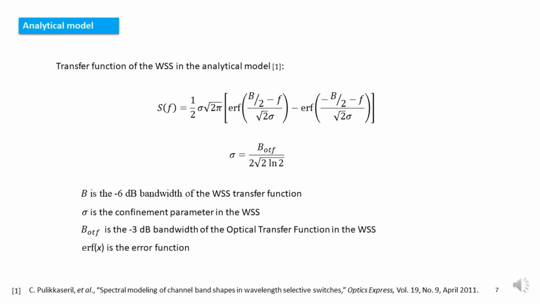For this, we only have to select the value of the BOTF parameter. For a sharp filter, we can choose, for instance, 8 GHz. For a smooth filter, we can choose, for instance, 16 GHz. The B parameter is the minus 6 dB bandwidth of the WSS filter.